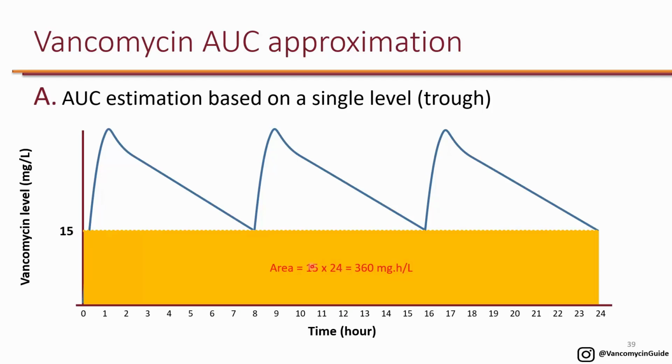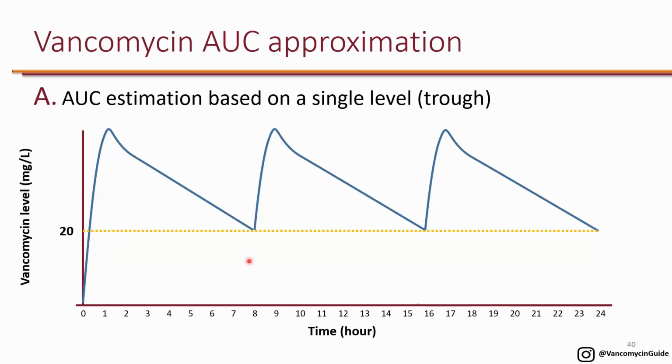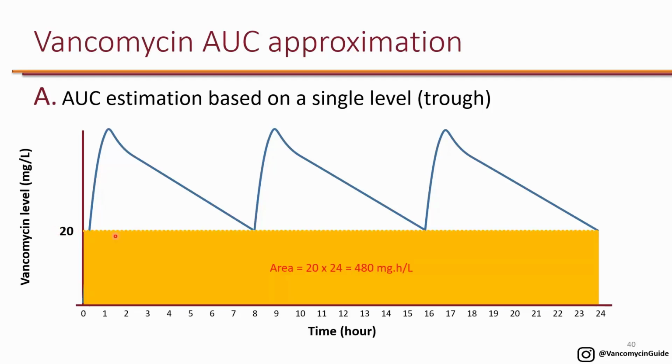For a non-serious infection, the old guidelines recommend a trough of 10 to 15, and they're saying that if you achieve a trough of 10 to 15, you probably had an AUC of at least 400. You can be confident. Now, if you have a trough of 20 times 24, it's at least 480.